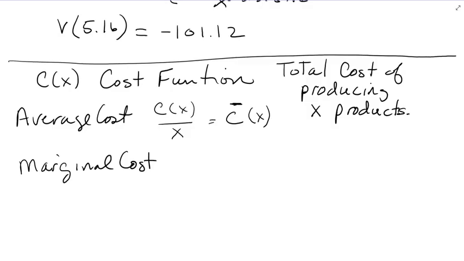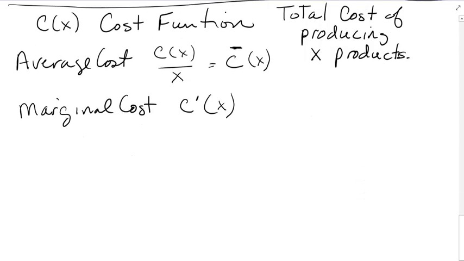So marginal cost is the derivative of the cost function. When you take the derivative of the cost function and plug in a number of products for X, you get the cost of making that one next product. All right, so that is how your cost functions are related.